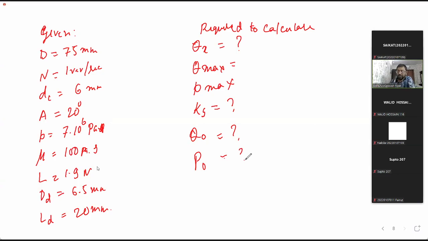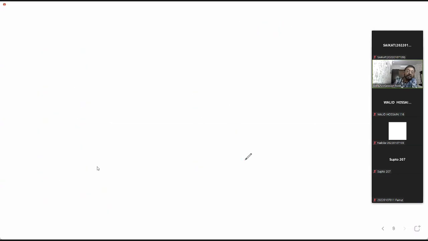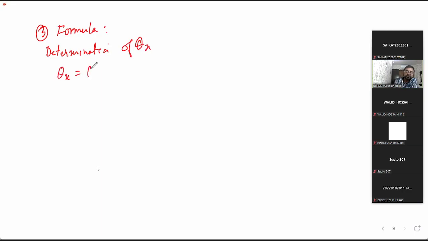Okay, let us have our third stage. Write the formula. So at first stage we shall have the determination or calculation of Qx. We know Qx is equal to QD minus QB.